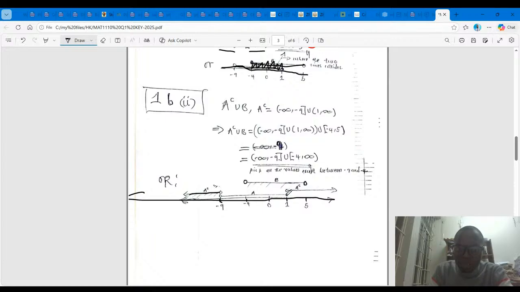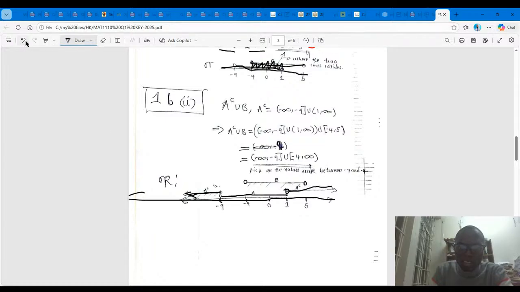A is running from -9 to 1, up to there, which means that A complement will run from here going all the way to this side. This is A complement here. Then the other piece of A complement will run from there going all the way to this side.